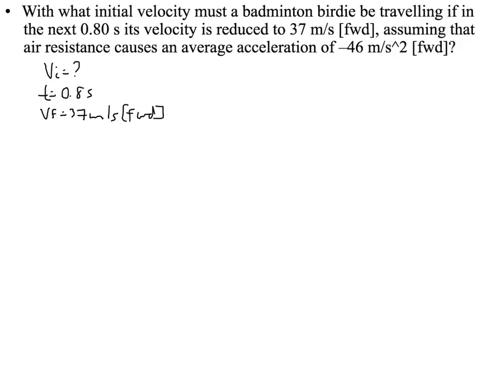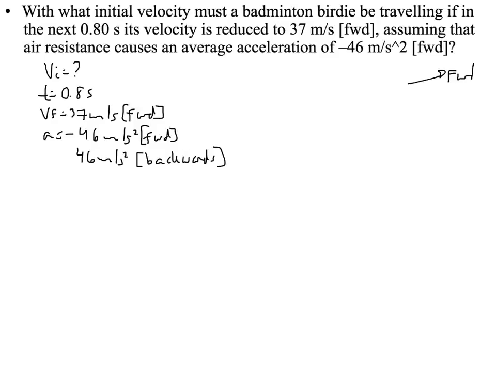Assuming that the air resistance causes an average acceleration of negative 46 meters per second squared forward. Another way of writing that would, of course, simply be 46 meters per second squared backwards, in which case you would drop the negative, because we are going to assign that way to be forward, and we're going to call that positive.